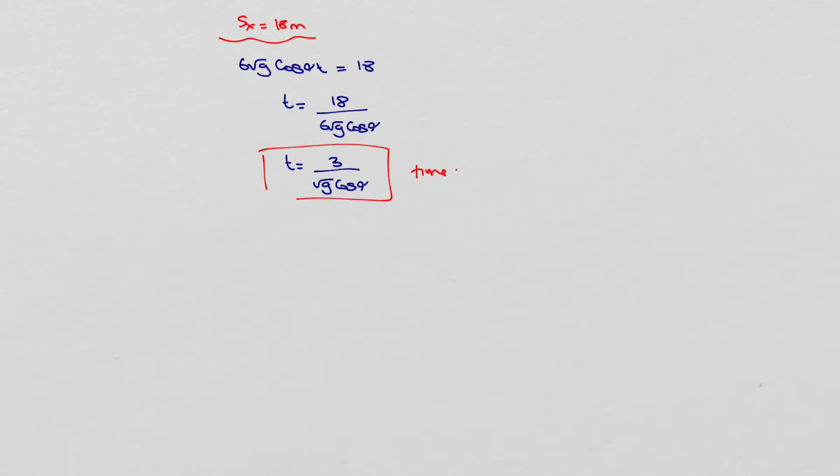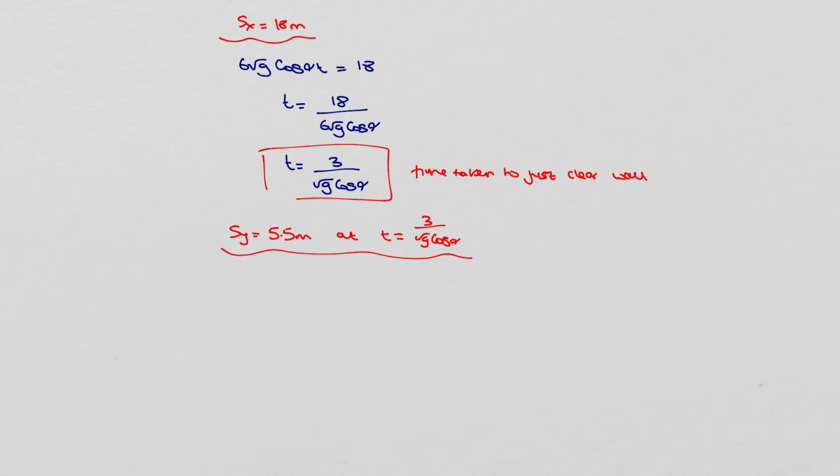So that's the time taken to clear the wall. Then if we look at the height of the wall, s y is 5.5 meters at the time 3 over root g cos alpha.